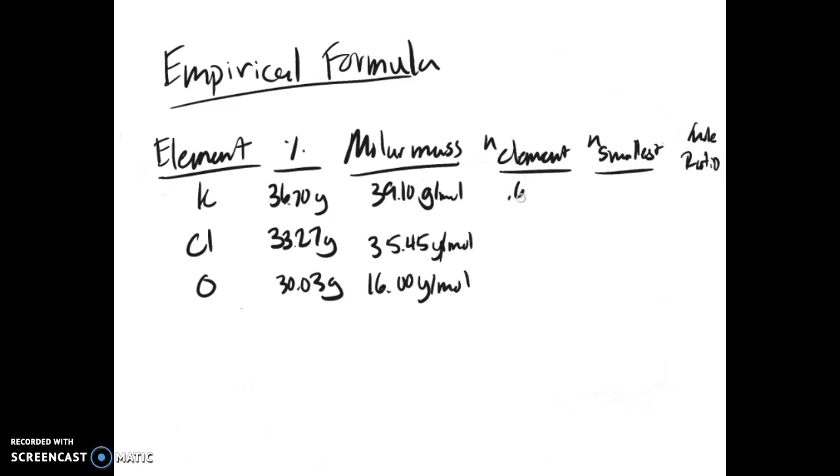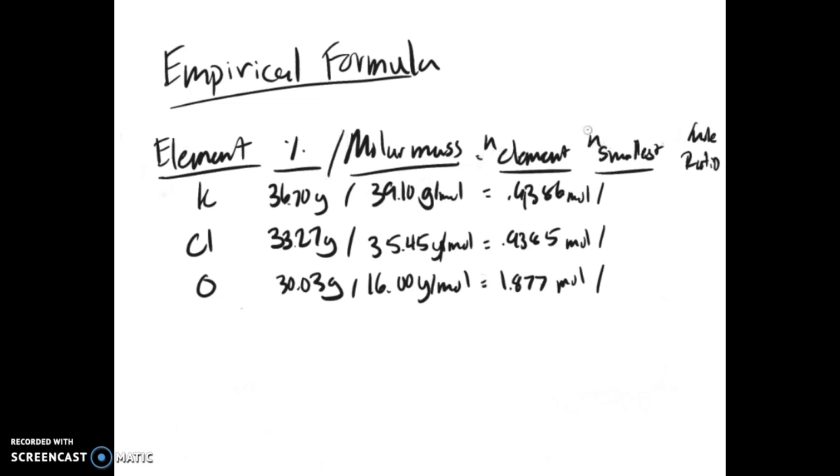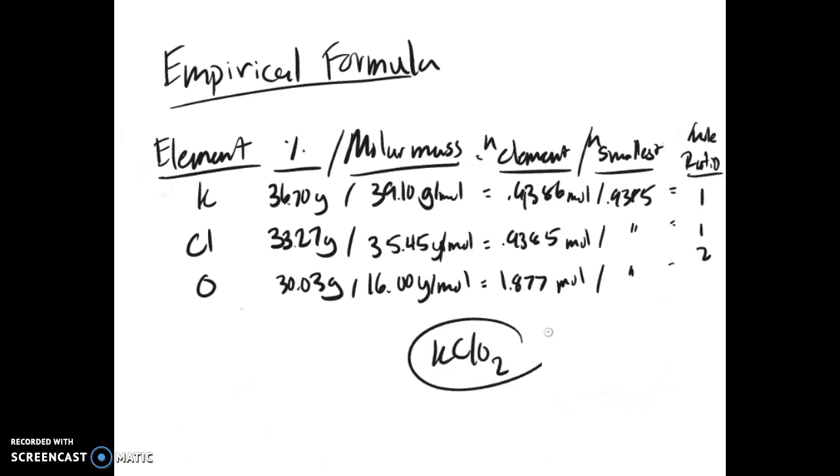And it gives you back the moles of the element, which you then divide by the smallest mole. Basically what you're doing here is also dividing. Which in this case is, like we said, our friend chlorine, which will give you back the same mole ratio of 1 to 1 to 2, which still gives you potassium chloride.